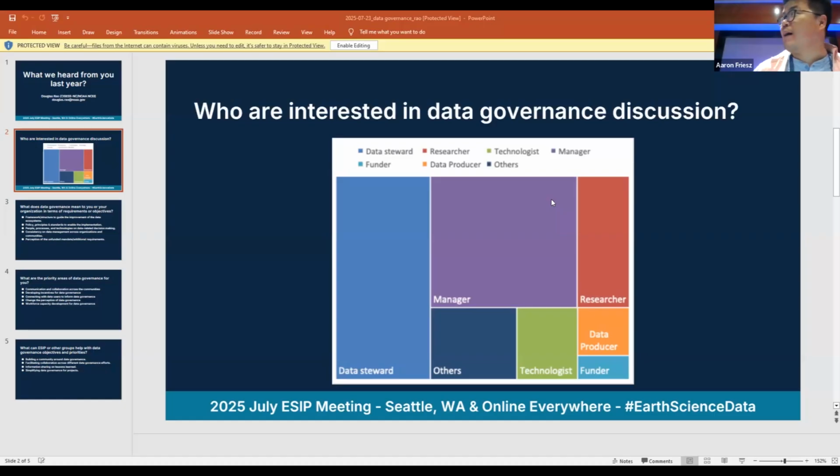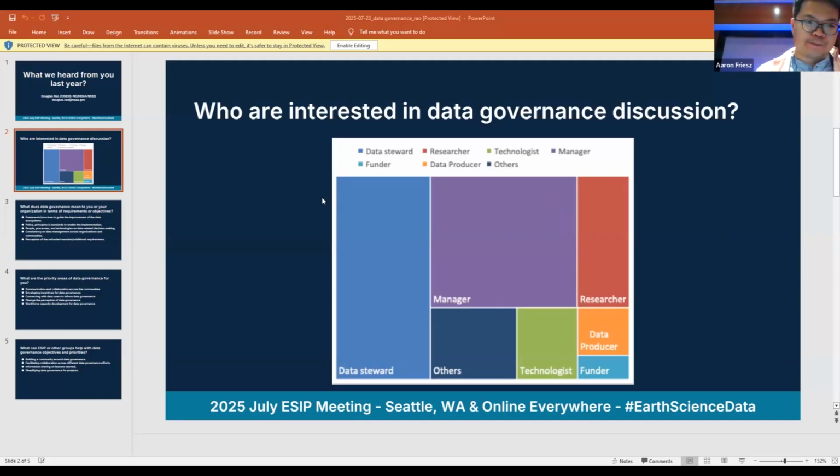And we also have a mysterious others category. In that category, when we asked the follow-on questions, those are chief data officers or assistant chief data officers from different agencies. They don't quite fit themselves into a specific category, so they chose other in the responses. So I think we can see that a lot of people are interested in the discussion about data governance from different types of roles, but primarily it's from the data stewards as well as the data managers on those topics.